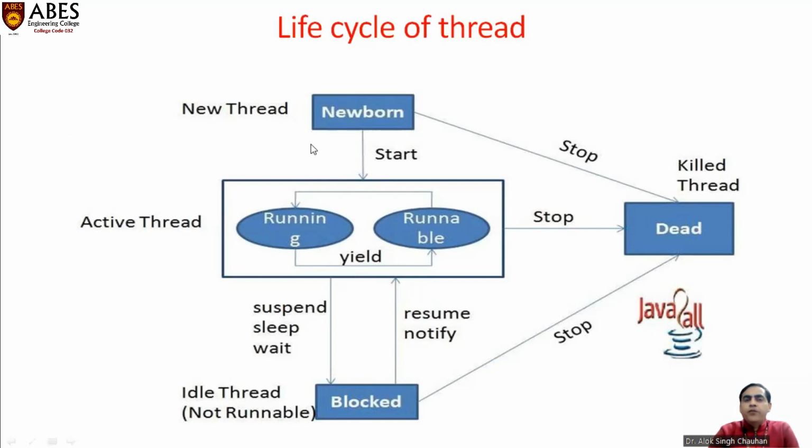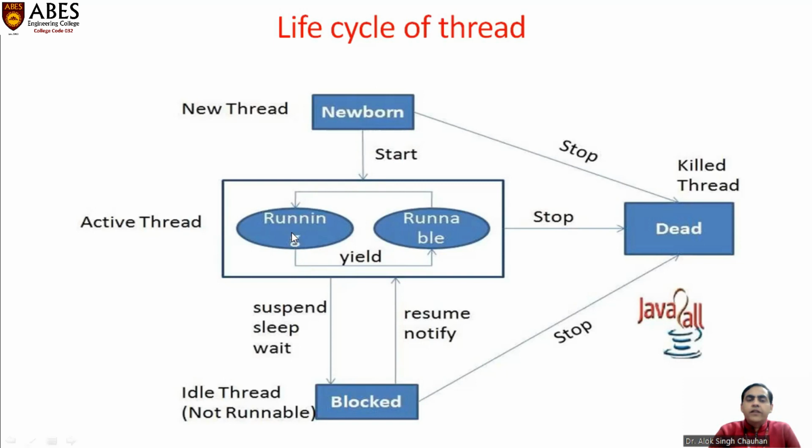But when we use the start method, the thread goes from the newborn state to an active thread. That means the runnable state. Runnable state means the thread is now ready to run, but it is waiting for its chance, and it is the duty of the thread scheduler to decide which thread will run. So when any thread gets a chance, it will go to the running state.